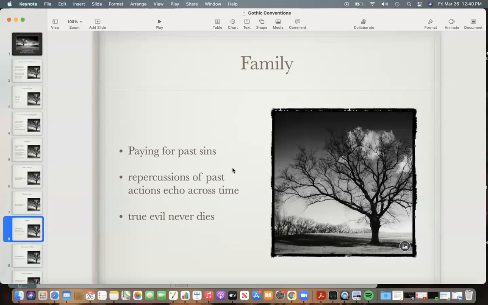Ooh, this is such a good thing in Southern Gothic literature, which is a very specific niche, but I love Southern Gothic literature. The repercussions of past actions echo across time, which is sort of the same thing as that first bullet point. You can't really escape the horrible things that your family has done, and that ties in with the idea that true evil never dies.